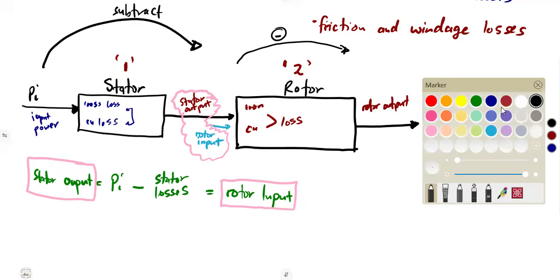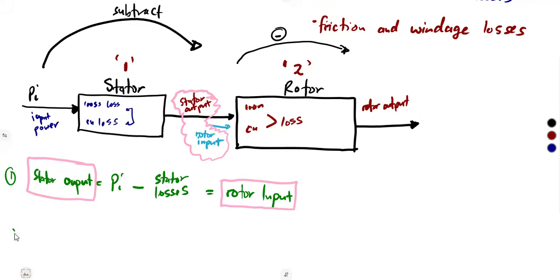So we can conclude on this part that the rotor output, which is also called the gross output, can be given to you as the gross output, or as the power developed by the rotor. Still one and the same thing.